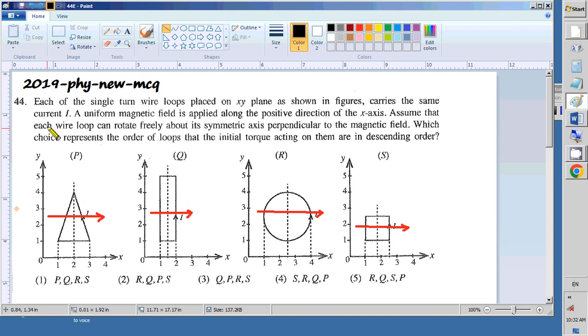So that is why each wire loop can rotate freely about its symmetric axis. That means we have to fix that axle exactly at the middle, so that the axis is symmetric, perpendicular to them. So that is the story.